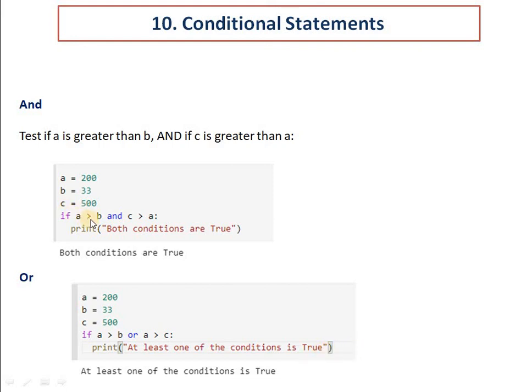So if you are using and, both the statements before and after and should be true, so that the next line will be executed. If you are using or, any one of the statements before or after the or needs to be true. It will print the line associated with it, right?